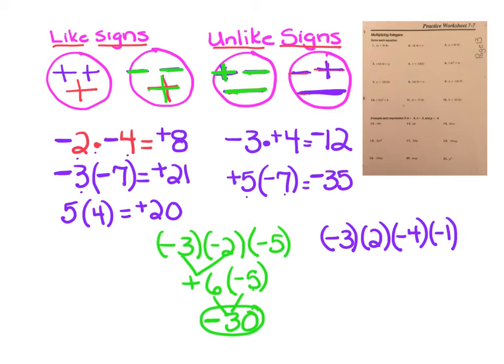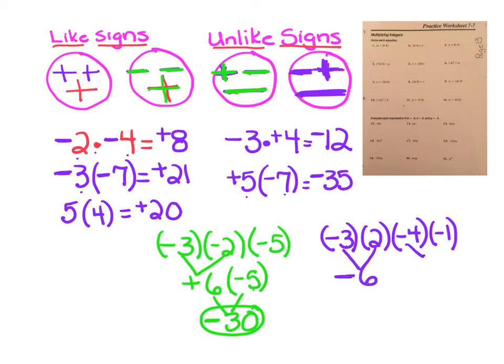Once again, multiply 2 at a time. Let's start by taking -3 times +2. Well, we know a negative times a positive, they're different signs. We're going to get a negative. 3 times 2 is 6.